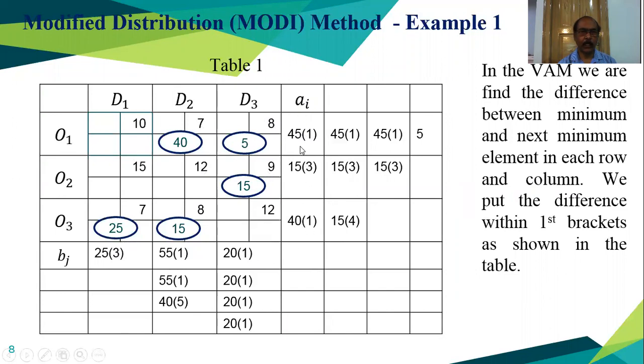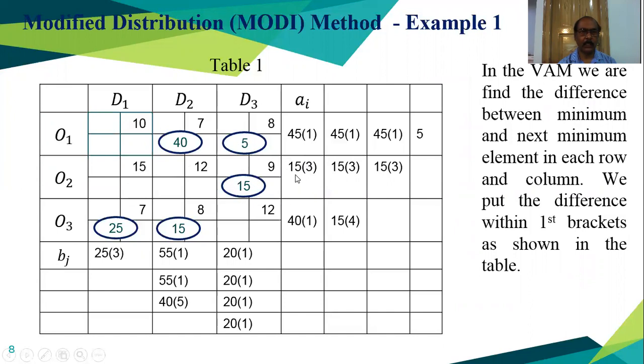So in the first penalty cost, which one is the maximum? 3 is the maximum penalty cost. With respect to that, we have to check where the least cost is. Among 9, 12 and 15, 9 is the least cost, so we can allocate here. How much can we allocate?